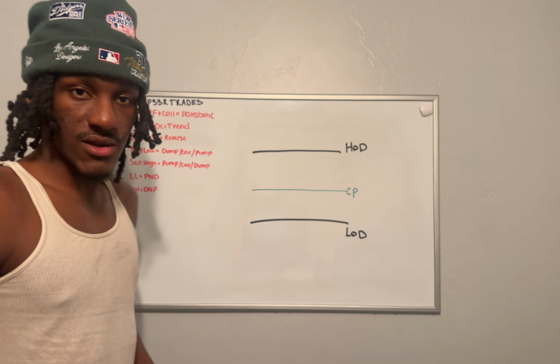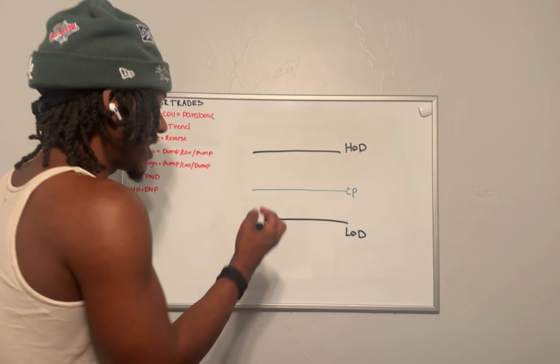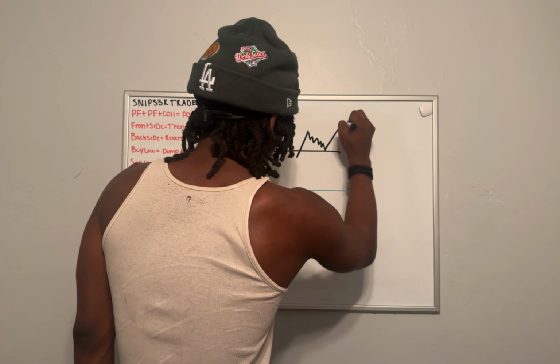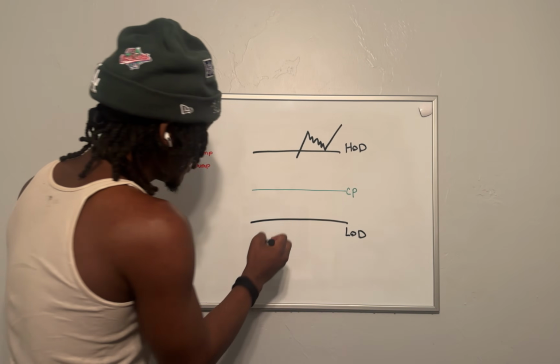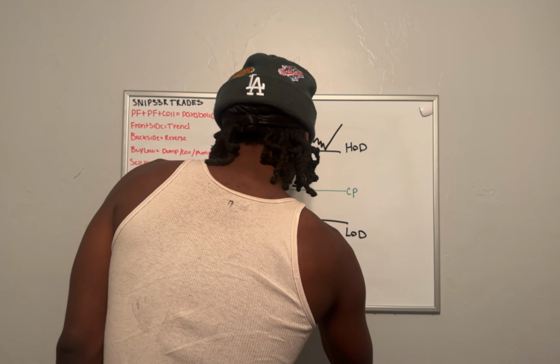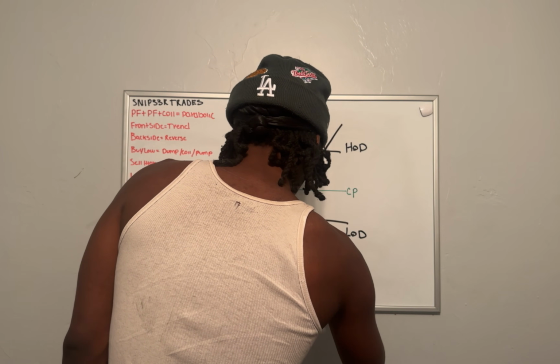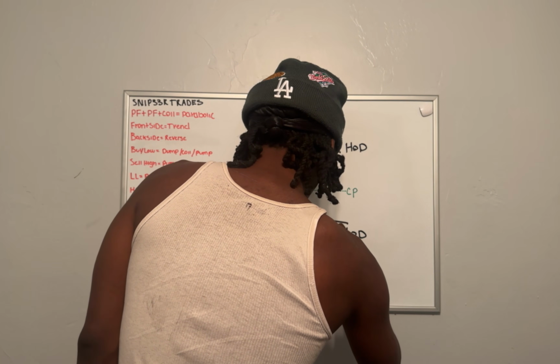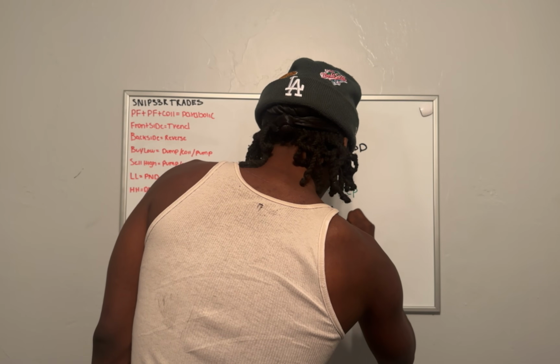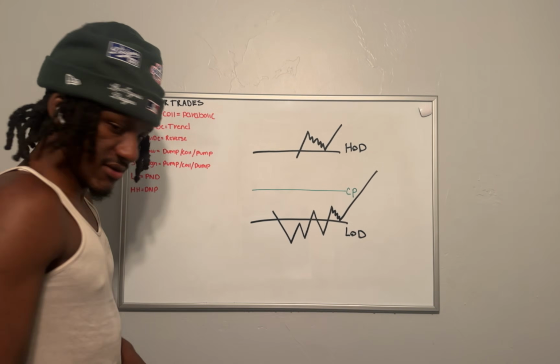Your entry will be from one of these three levels. It may be a breakout, pullback, trend. It may be a breakout, fail, reverse.